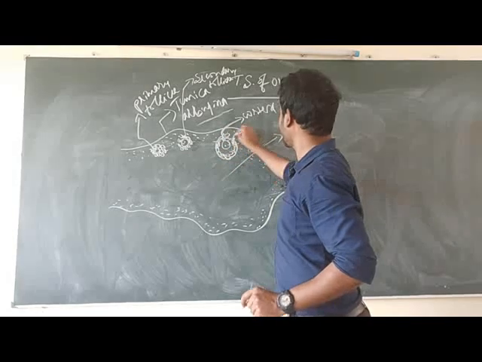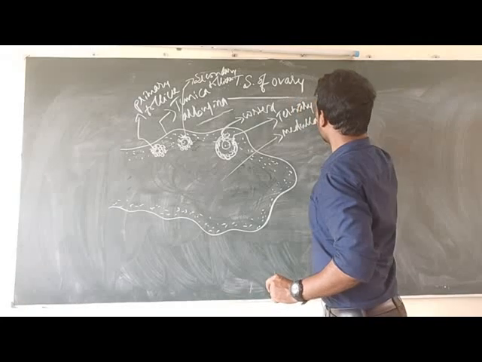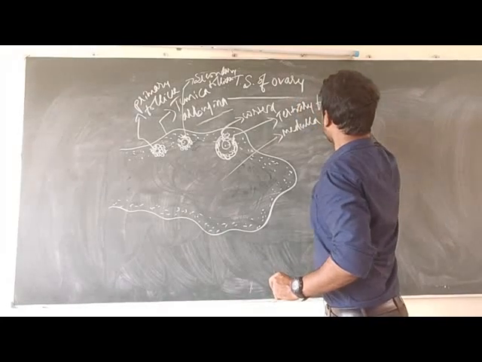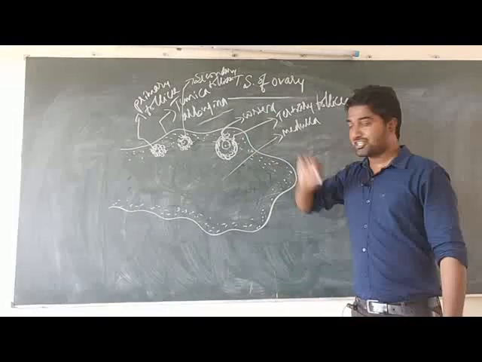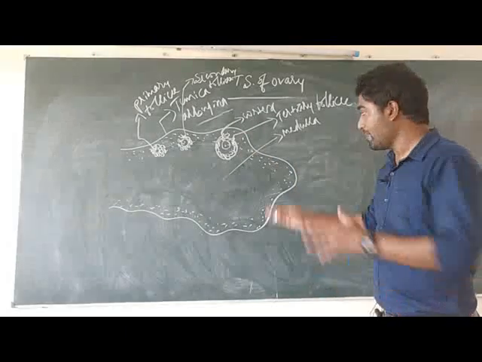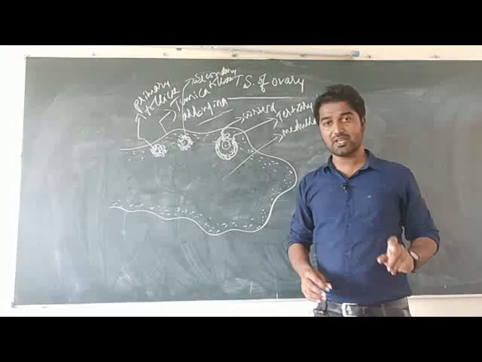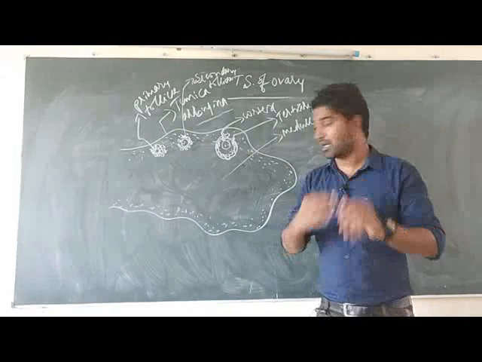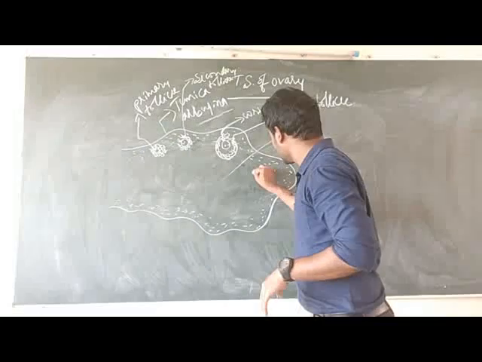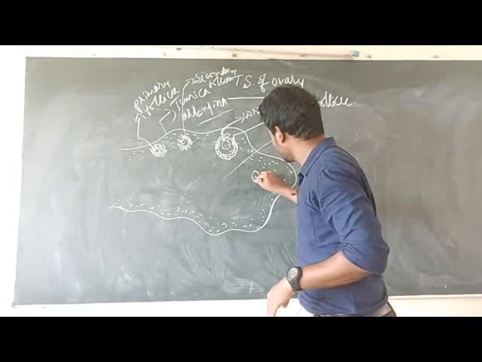Now this is known as tertiary follicle. And then this tertiary follicle is going to mature into Graafian follicle. Graafian follicle is also known as matured ovarian follicle. This is the structure of Graafian follicle.